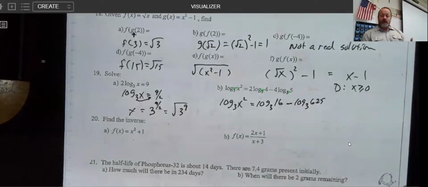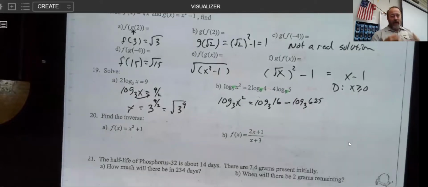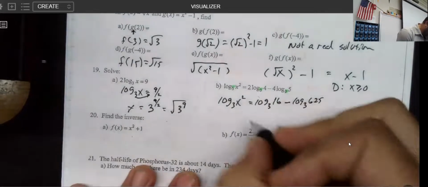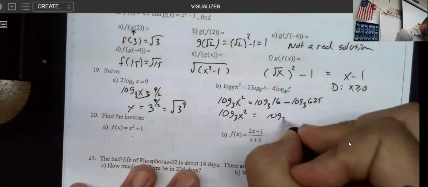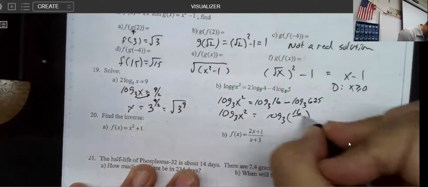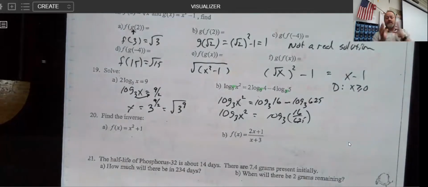Now, one of those nice little properties of logarithms is that when you subtract, it's just properties of exponents. When you divide things, you subtract exponents. And since logarithms point us to properties of exponents, that's what's going to happen here. That's going to be the log base 3 of the simple quantity 16 over 625, which is pretty good. So we have a simple log, a simple log.